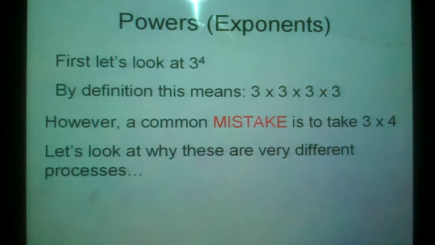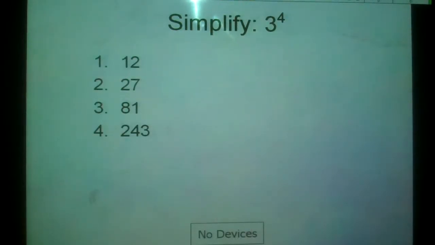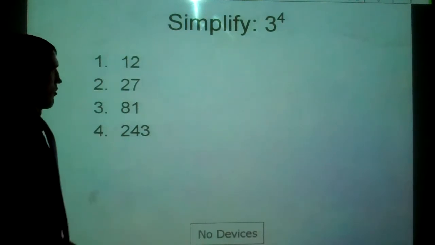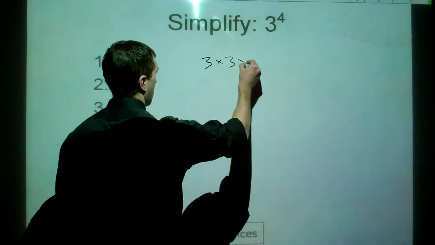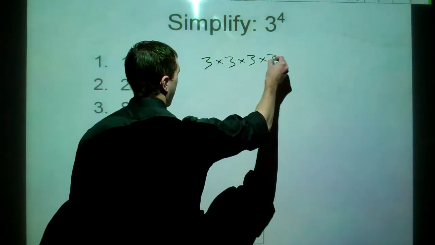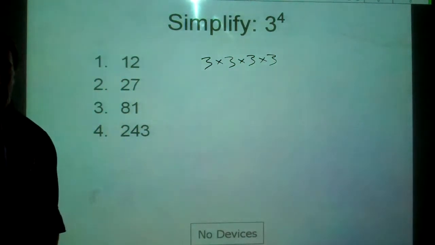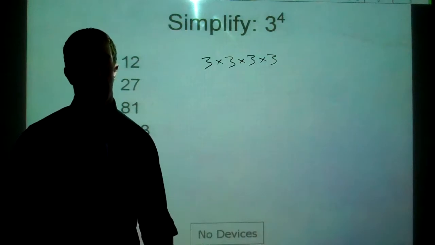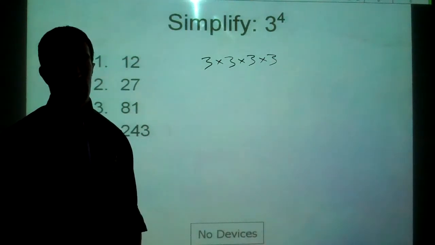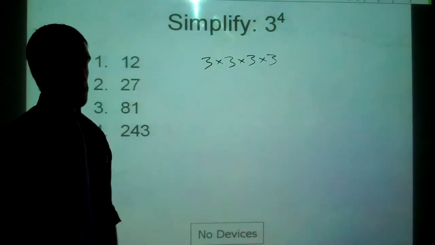We're actually going to figure out what 3 to the fourth is. Simplify means we're going to put this in the simplest terms. Well, we know that it means 3 times 3 times 3 times 3. Okay? Now, a lot of my students want to grab a calculator as soon as they can. That's fine. You know, you can type that into your calculator. But if we know our math facts, this is a much faster process.